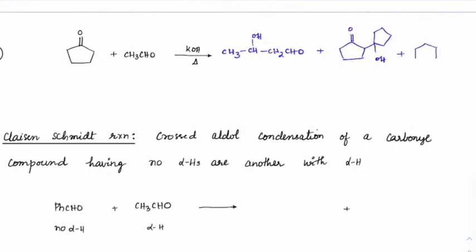So the crossed one would be double bond O, and we can have this double bond O connected with CHOH and CH3. We can have a cross of this also.